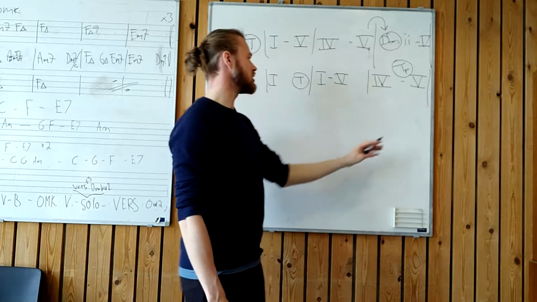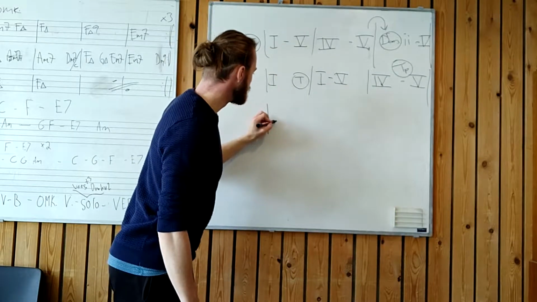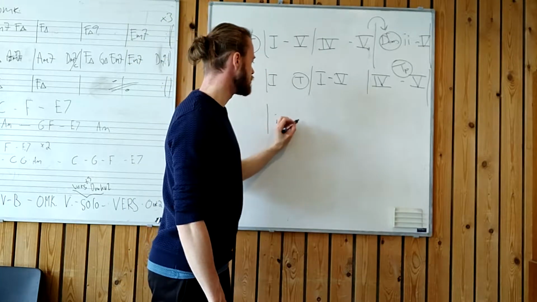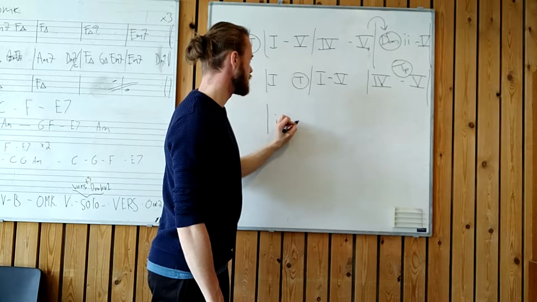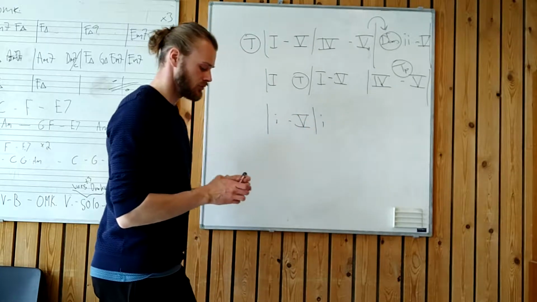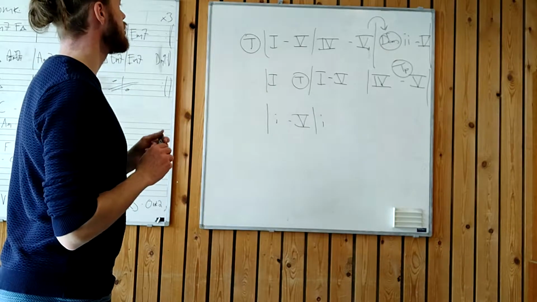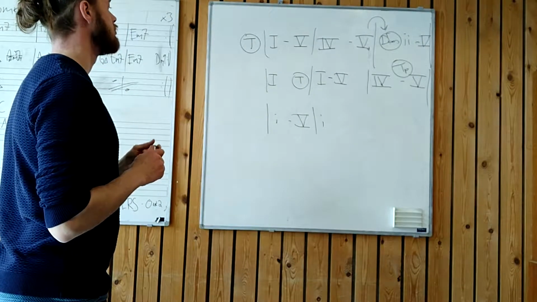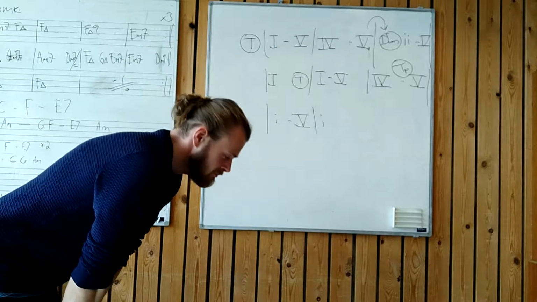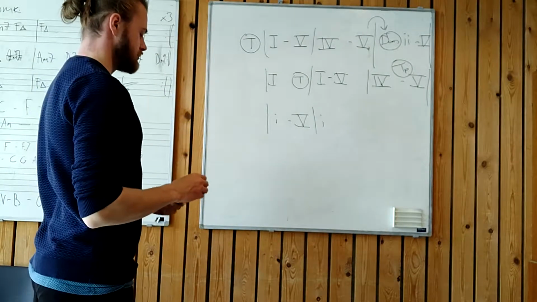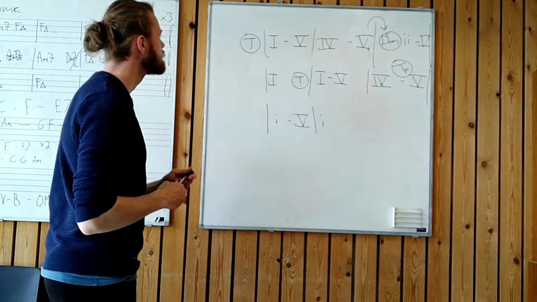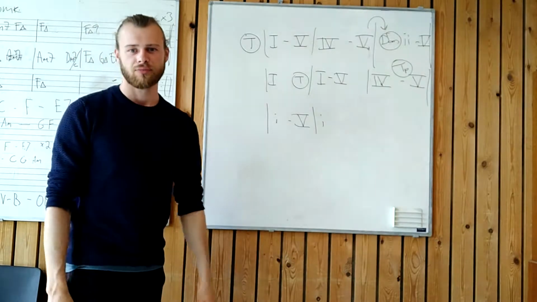The relative minor, which would then be the 1 to the 5 to the 1 to, I'm not sure how the bars go actually, but this should be a 5 to a 1, and from here I can't remember it.